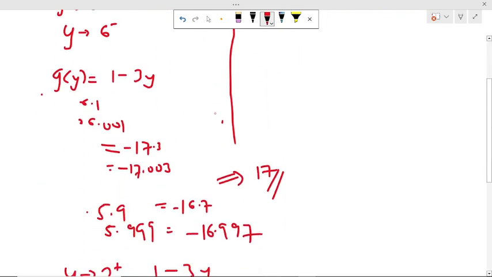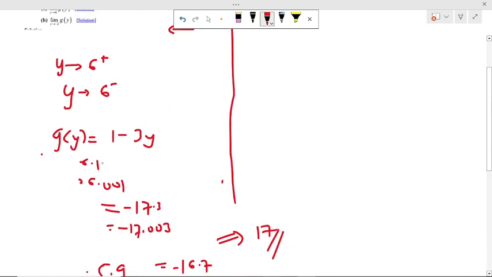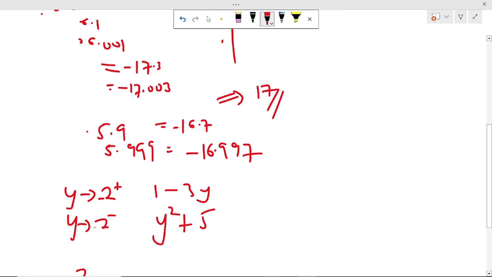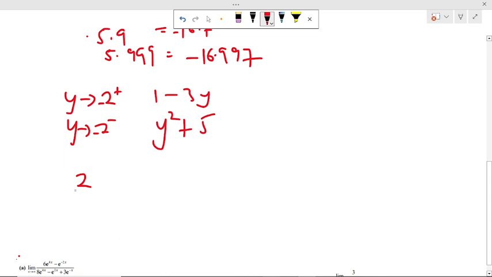Let's say we take values like -2.1, and for the positive direction, we take values like -1.9 and -1.99.